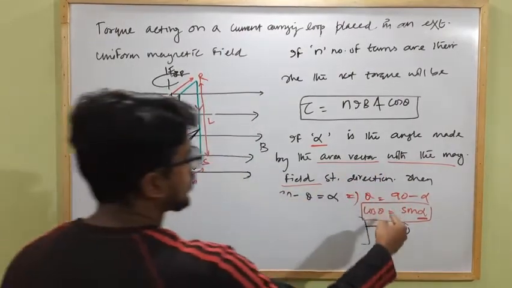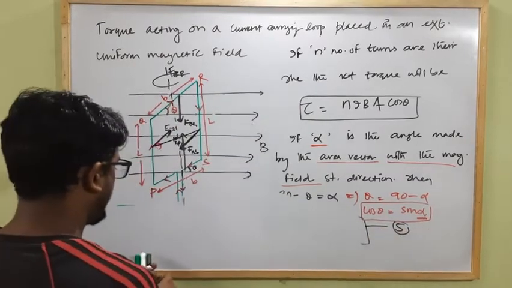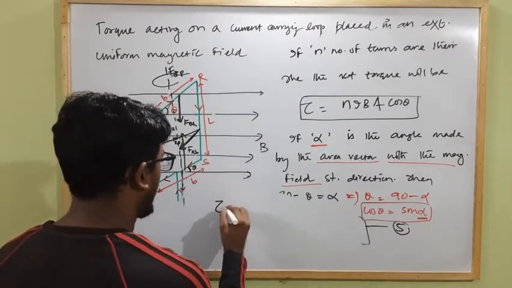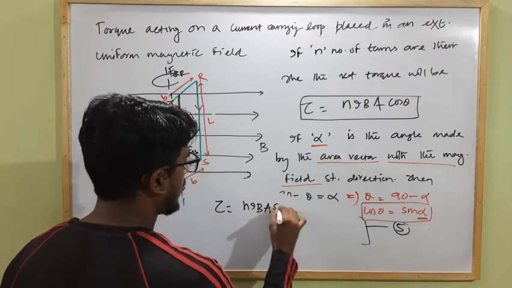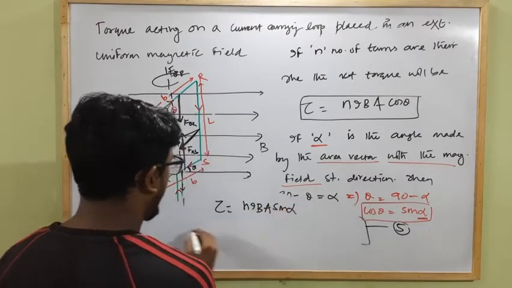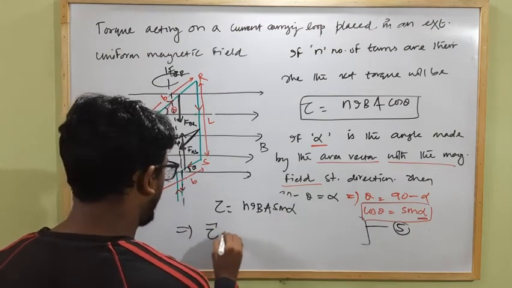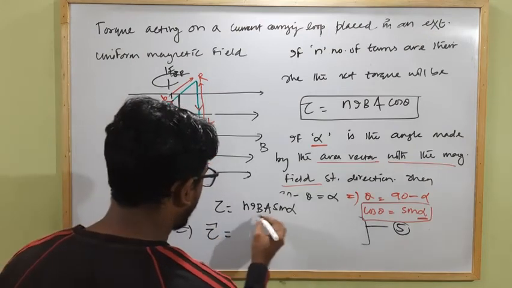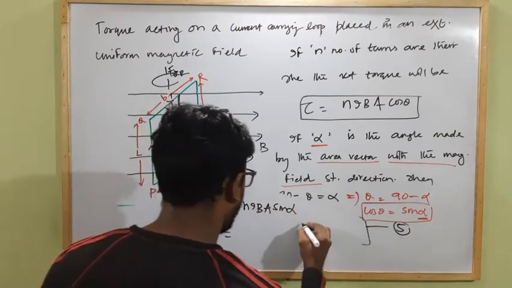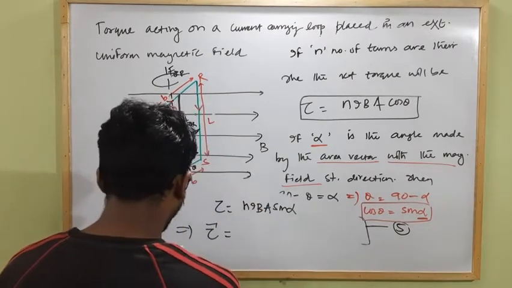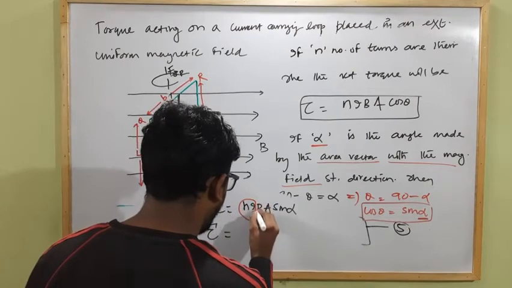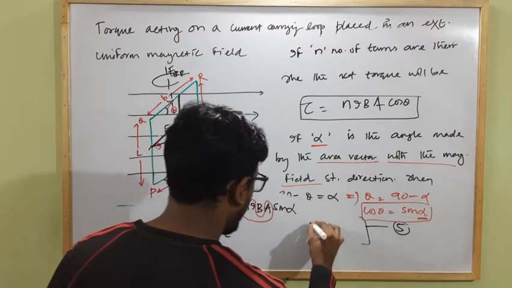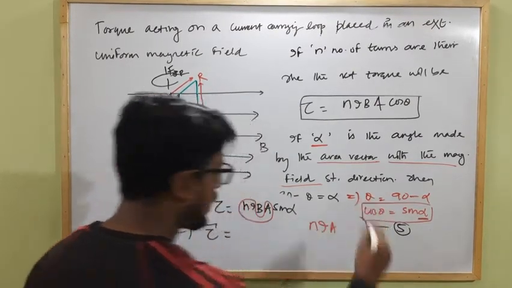In place of cos theta we can write sin alpha, so the torque will become tau equal to NIBA sin alpha, or this can be written as tau vector equal to, if I am writing NIA, here the term NIA is what? We already discussed about it. NIA, N into I into A.